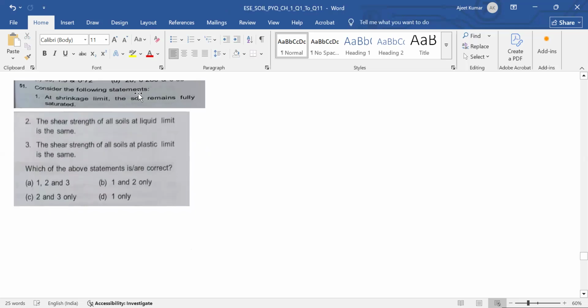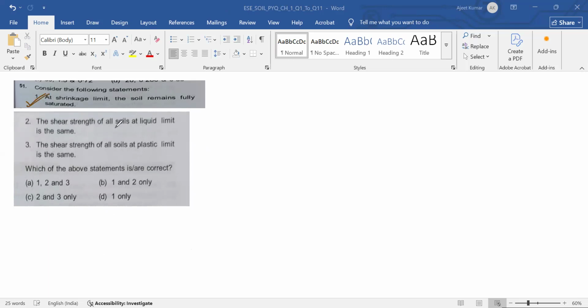Consider the following statements. At shrinkage limit, the soil remains fully saturated. Yes, statement 1 is correct. No doubt. This is a correct statement.